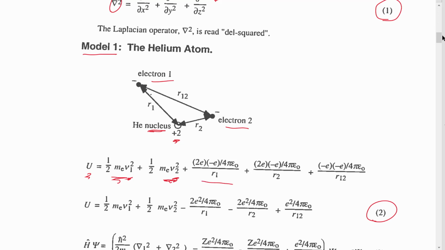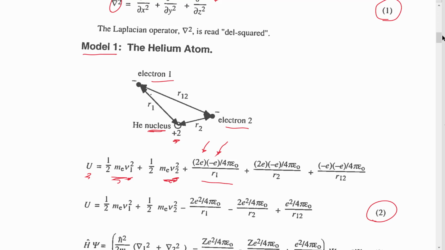R1 is the distance between the first electron and the nucleus, and according to Coulomb's law we have the charge on that electron, and also a +2 times the fundamental charge, which is the charge on the helium nucleus.